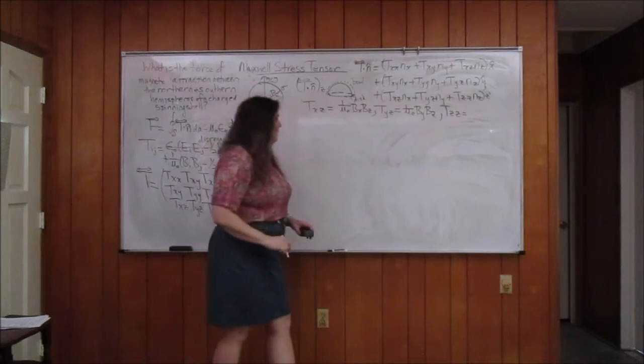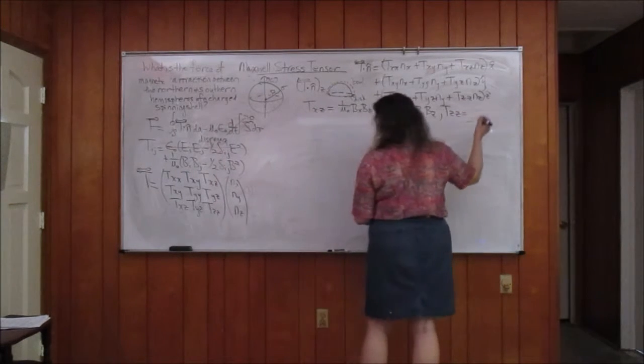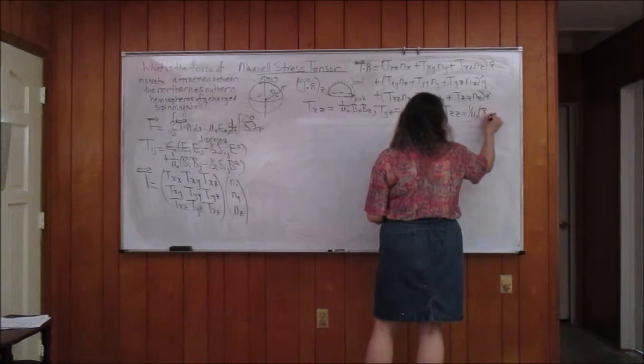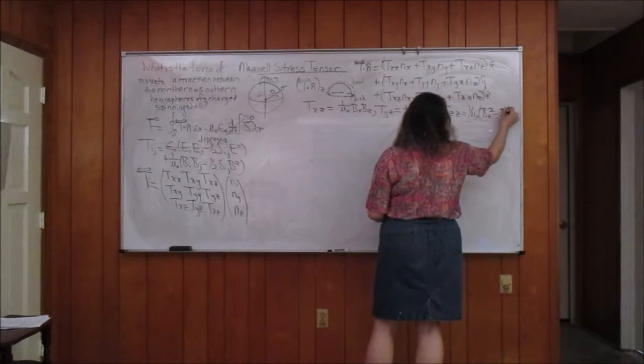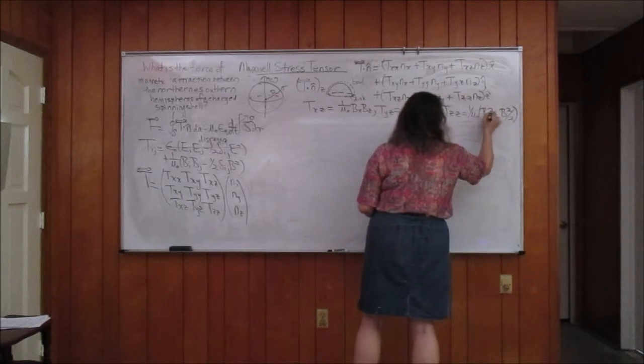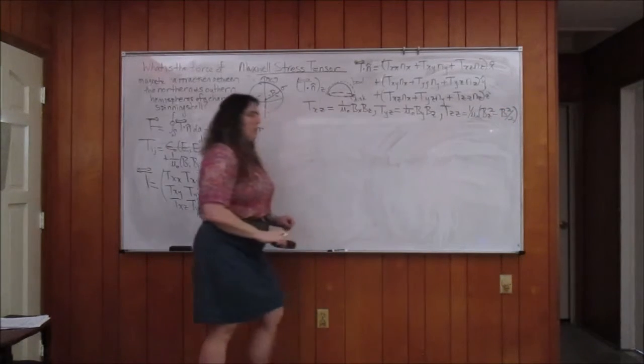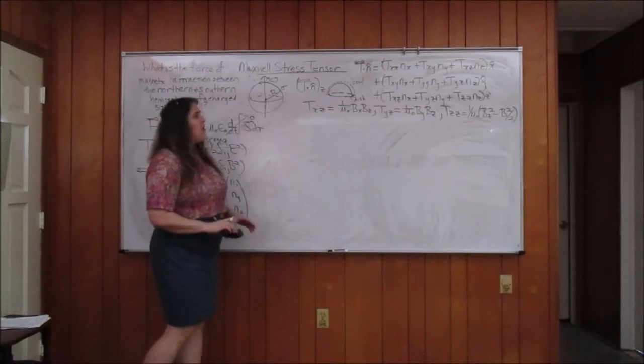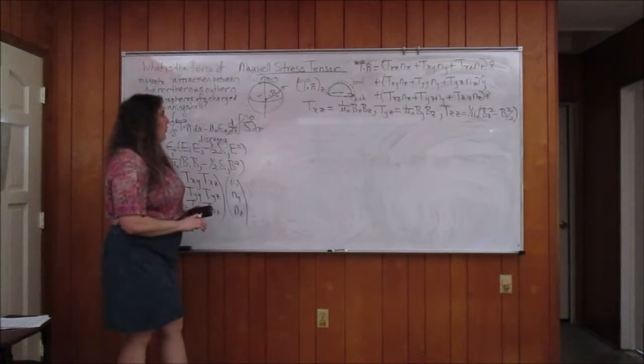And TZZ is equal to 1 over mu naught BZ squared minus B squared over 2.